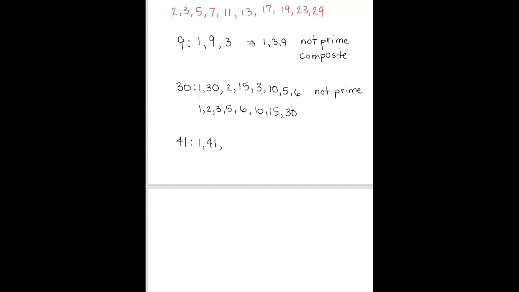5 does not work because it doesn't end in a 0 or a 5. 7, well, let's see. 5 times 7 is 35, plus another 7 is going to get us a 42.